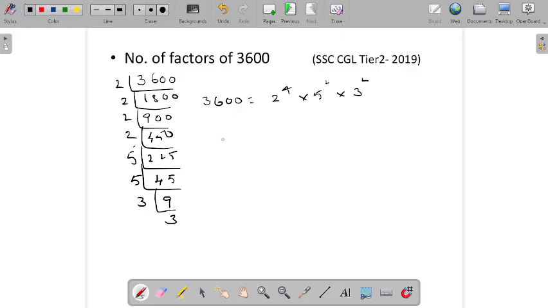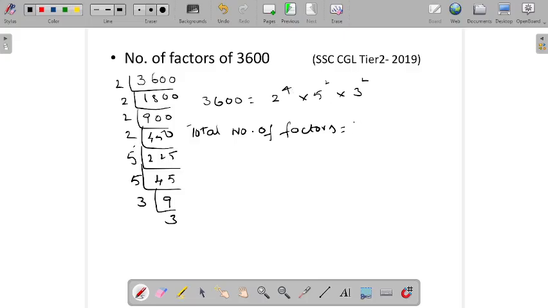What is the formula for total number of factors? Total number of factors is equal to (p plus 1) into (q plus 1) into (r plus 1).